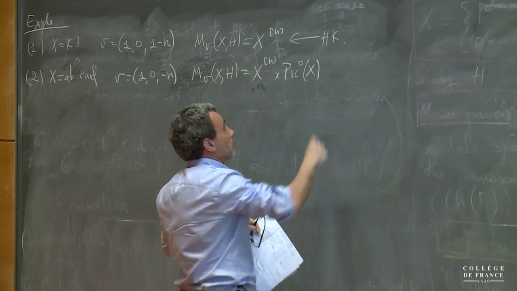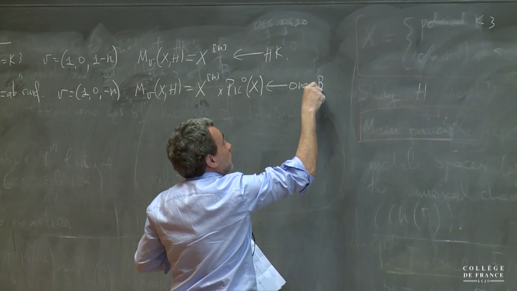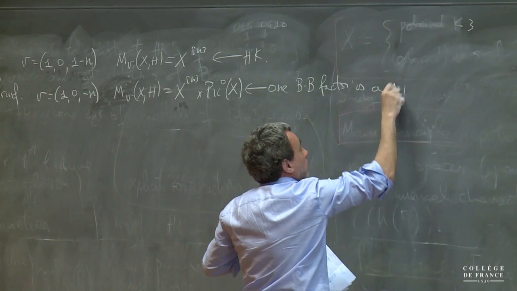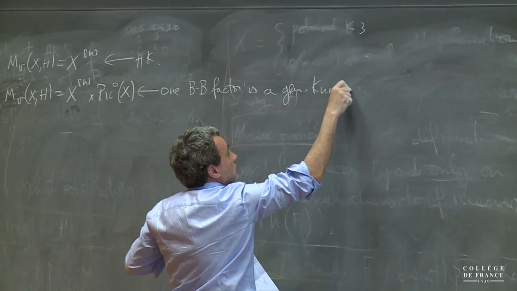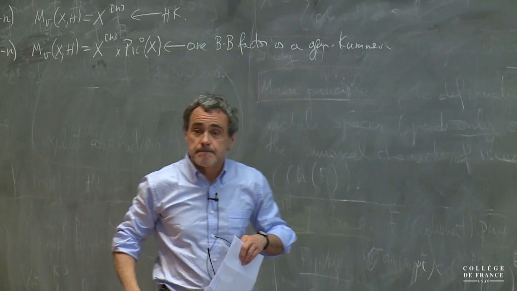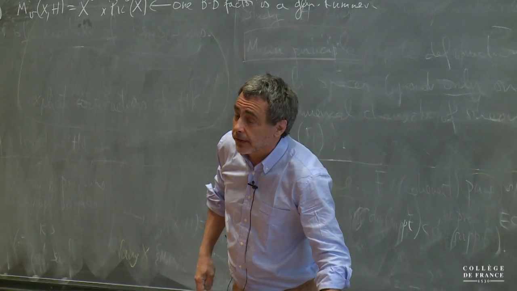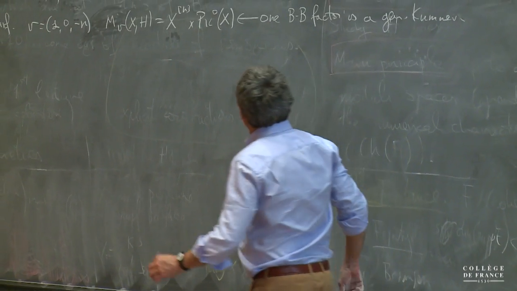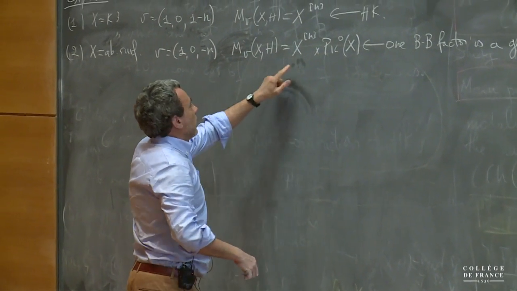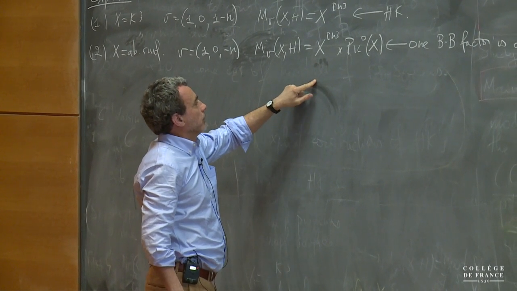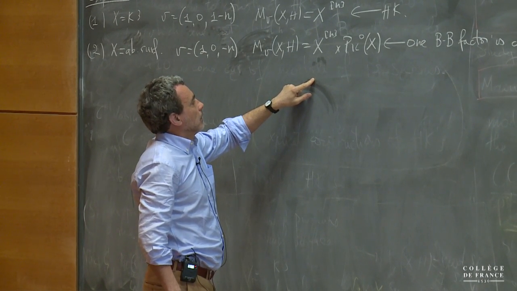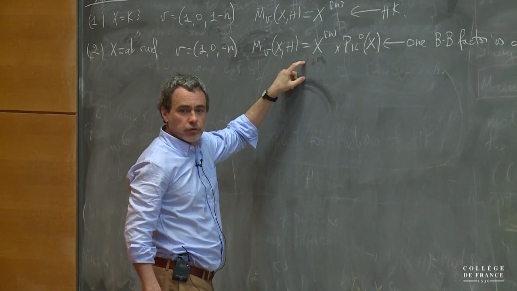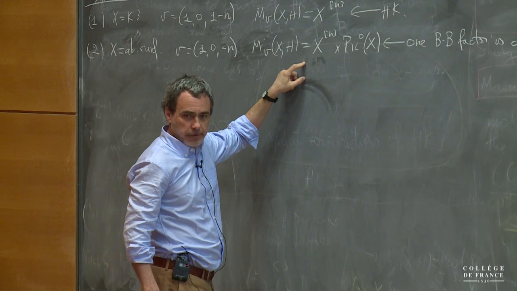There is an étale cover from the generalized Kummer times X to this. So the generalized Kummer is a Beauville-Bogomolov factor.